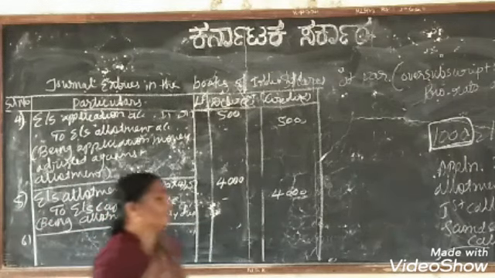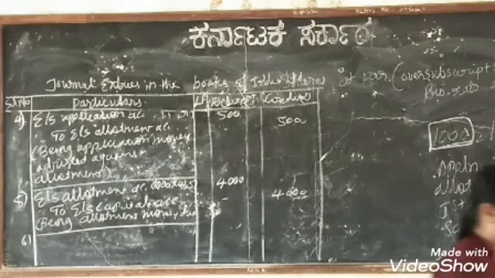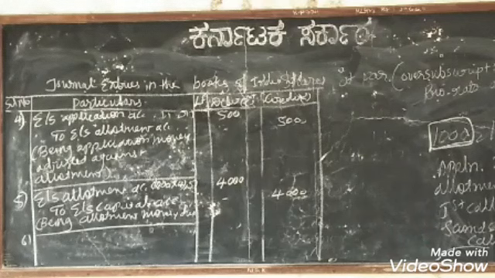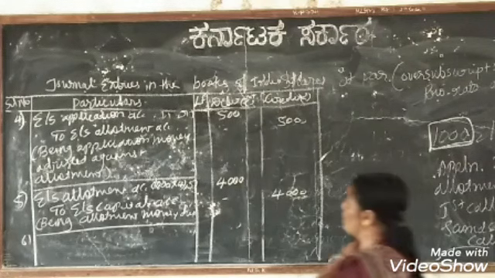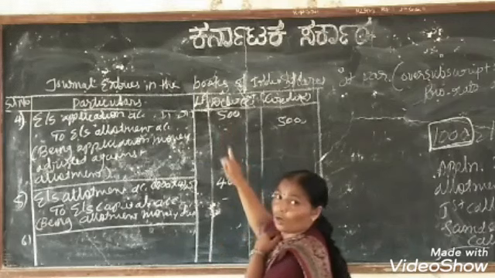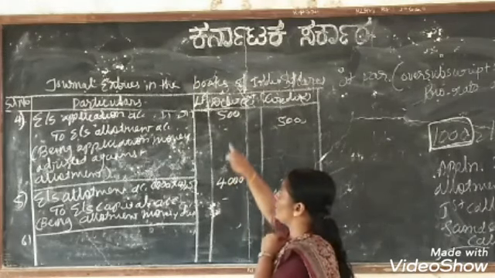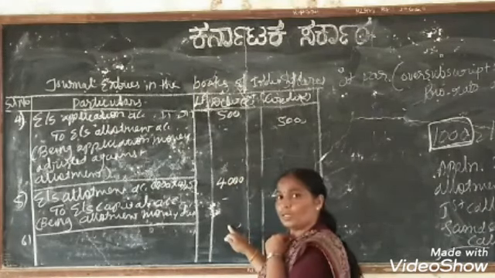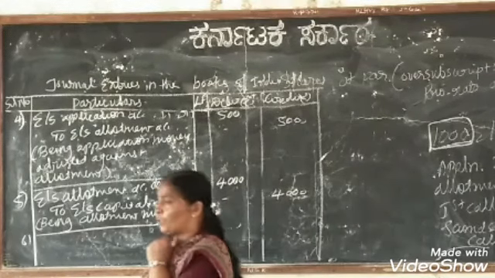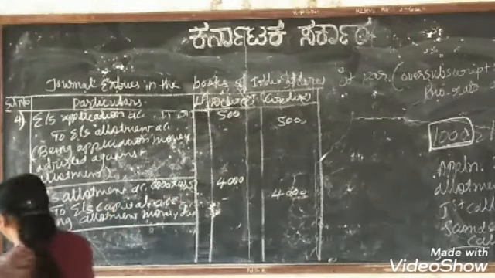Next entry is receipt of allotment money. Already 500 is received. So now how much we have to receive is only 4,000 minus 500. It comes to 3,500. We need to receive only 3,500.